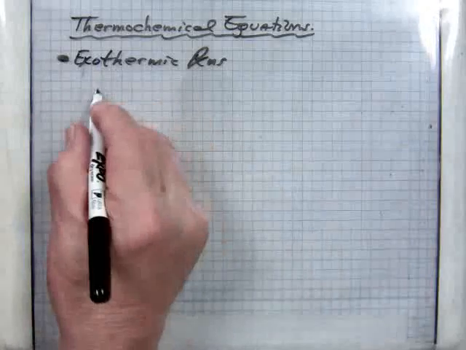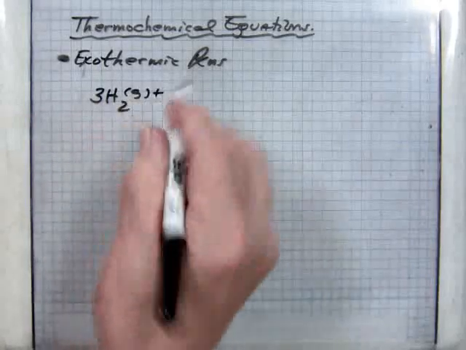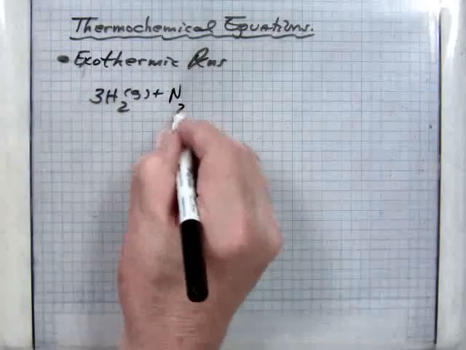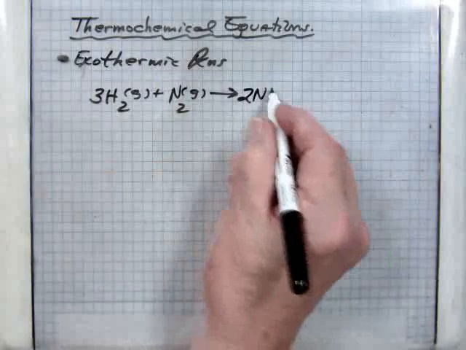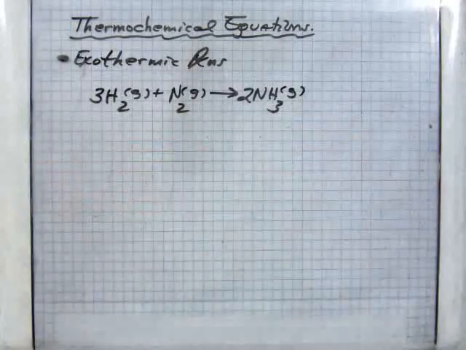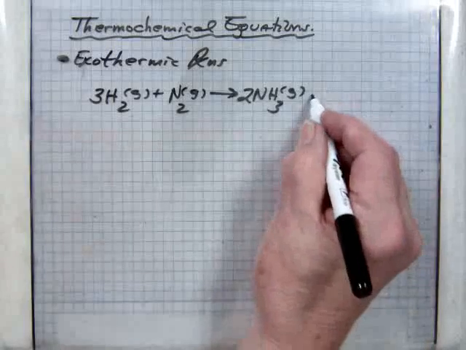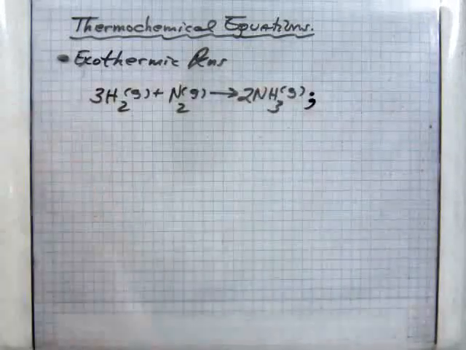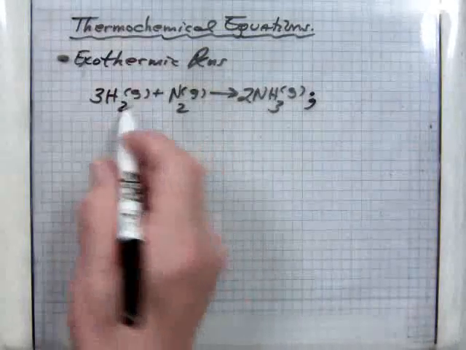Consider the reaction 3H2 gas plus N2 gas goes to 2NH3 gas. Okay? There's an energy change that takes place with this, and we find that as part of the table in the very back of the book, we can look this up, because these are basic elements in standard state.